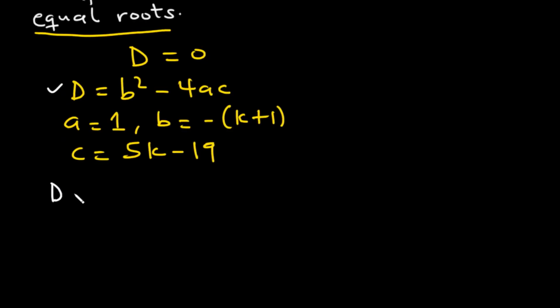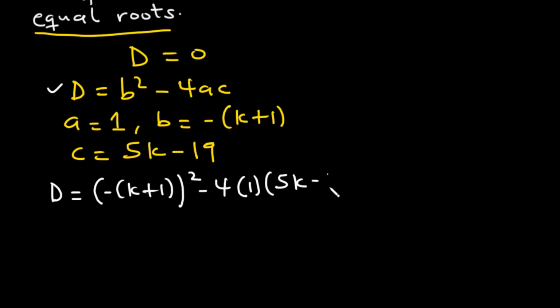Now d is equal to b squared, and then b is negative (k plus 1) squared minus 4 times (a is 1 and c is 5k minus 19). Now this is equal to 0.